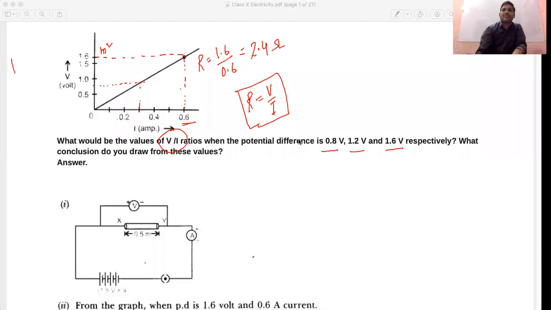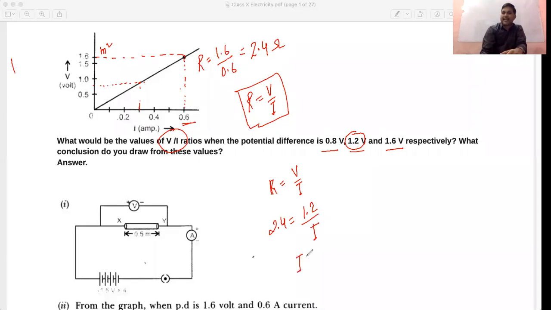This 2.4 is going to be constant, and when you want to calculate the value of I at 1.2 volt, we can use the formula R equal to V by I. If R is 2.4 and the voltage they are giving is 1.2, you can calculate the corresponding I value.